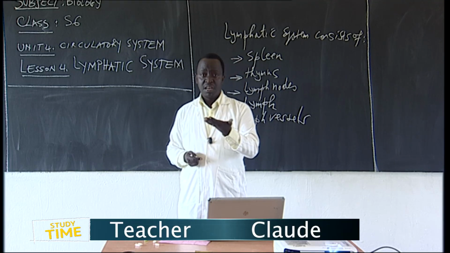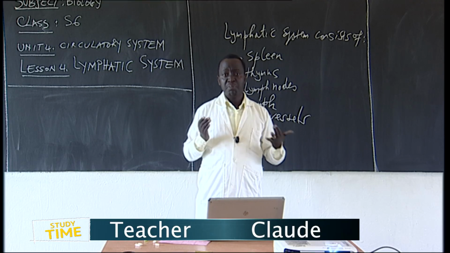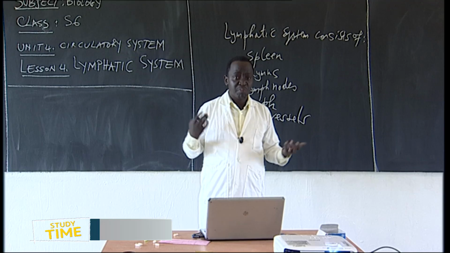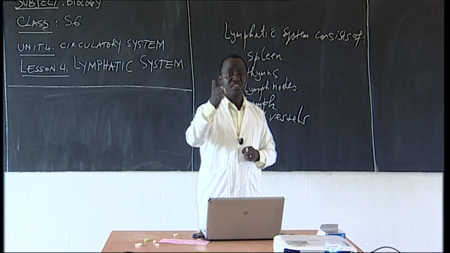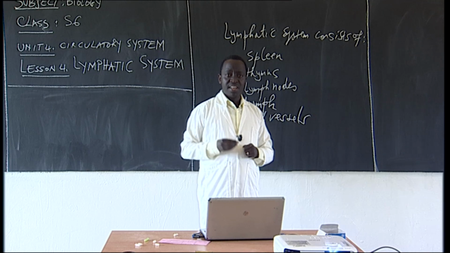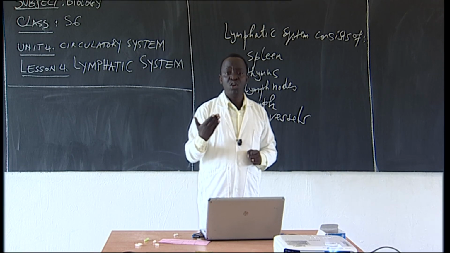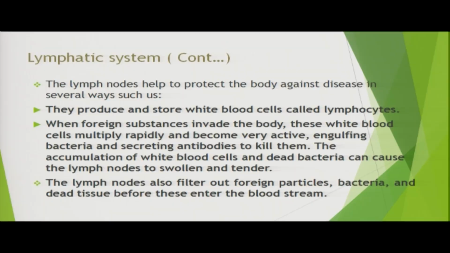Sometimes in the cells you can find infectious pathogens. When they reach the lymphatic system, the lymph nodes are there to filter them out, so that bacteria cannot get into the blood. Even other toxic material, dead tissues, dead cells, cannot get into the blood.